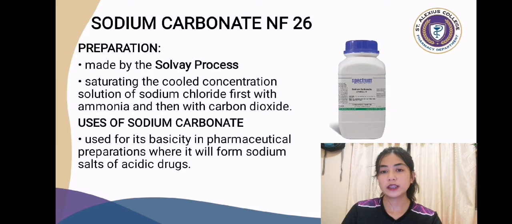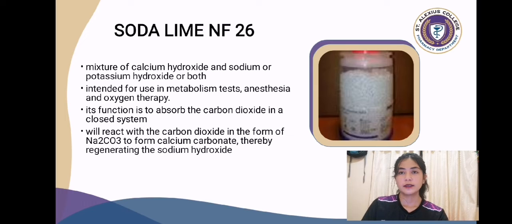Sodium carbonate is made by the Solvay process, which is saturating a cold concentrated solution of sodium chloride with ammonia and then with carbon dioxide, which results in the formation of sodium carbonate. In pharmaceutical preparations, it is used for its basicity, where it will form sodium salts of acidic drugs.